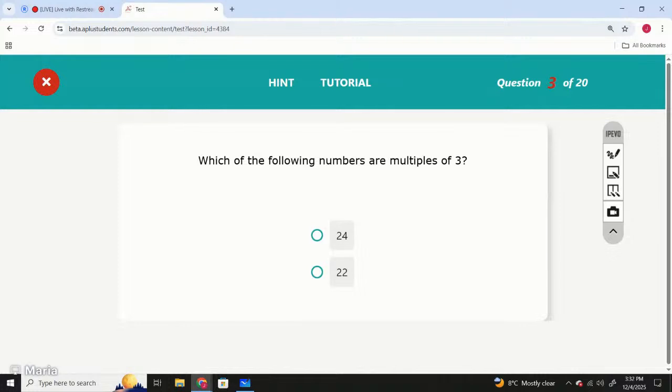Which of the following are the multiples of 3? So which is the correct option? That is 24. Option number 1 is the correct option because we do not have 22 in the table of 3.